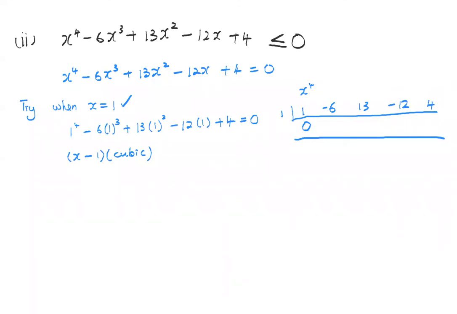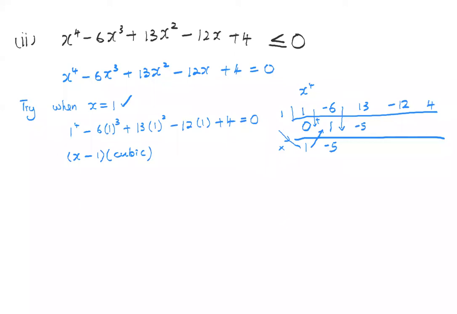So go down, you add. Then this one you multiply, and you put your answer here. 1 times 1 equal to 1. Add, negative 5. 1 times negative 5, negative 5.